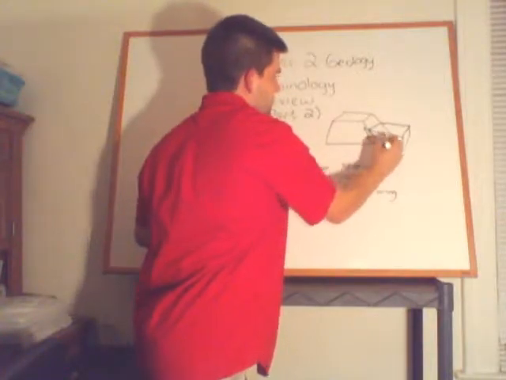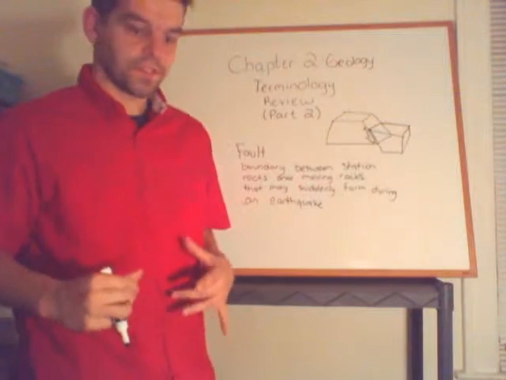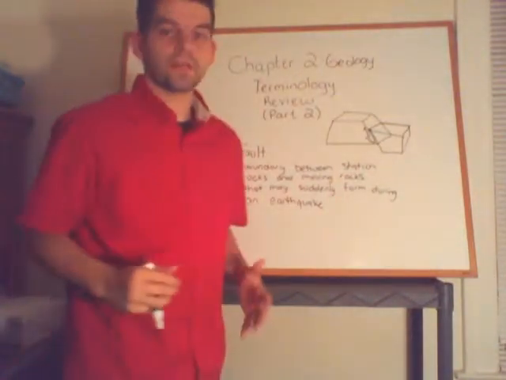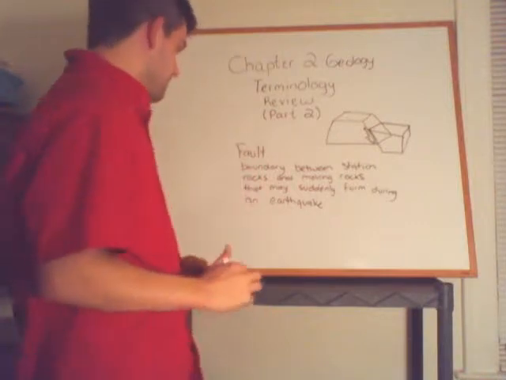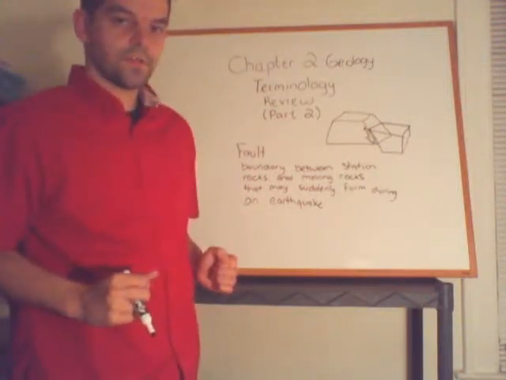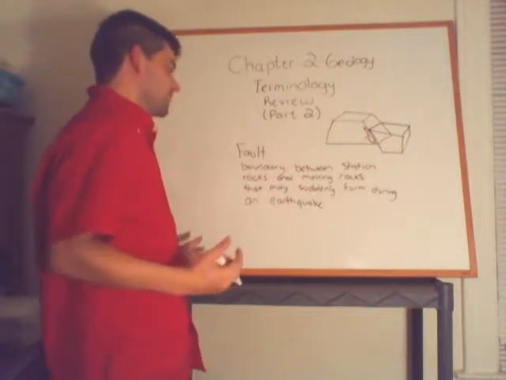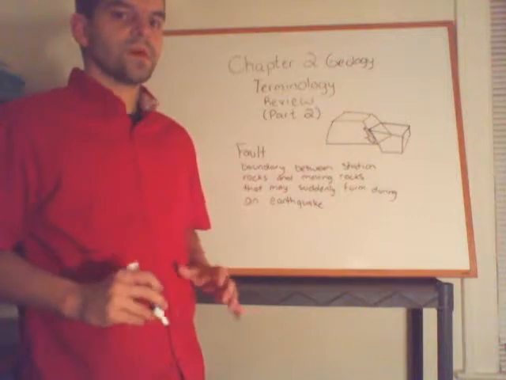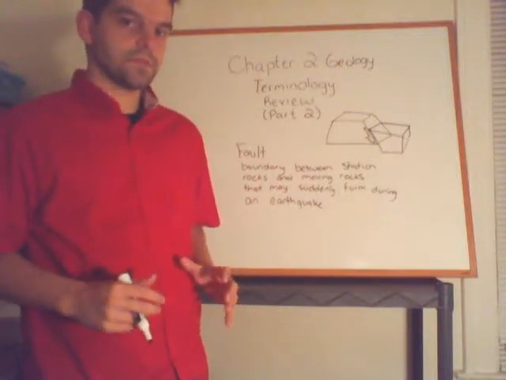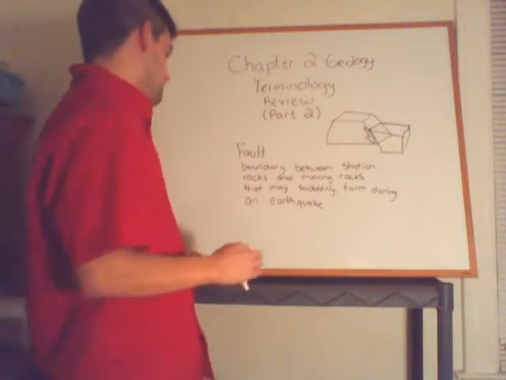And again, it's going to be a boundary between the moving rock and the stationary rock, okay? And this fault line can suddenly appear during an earthquake. But that's our second definition, fault, the boundary between stationary rocks and moving rocks that may suddenly form during an earthquake. One thing I want you to keep in mind is there are different kinds of faults in terms of earthquakes, so keep that in mind as we go forward as well.